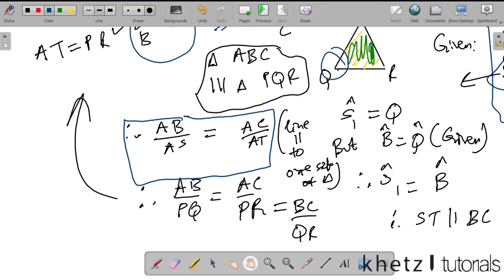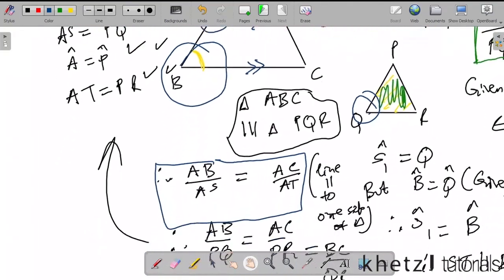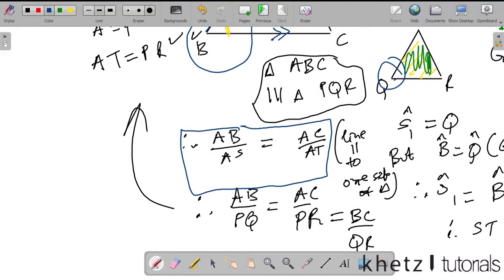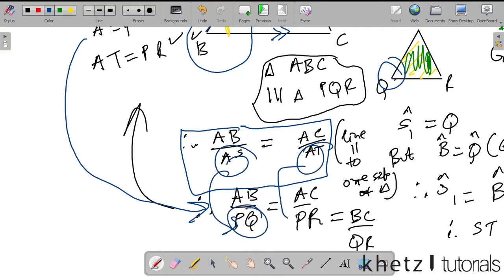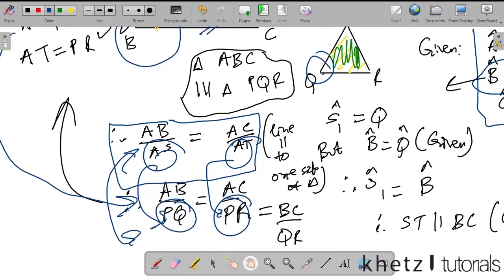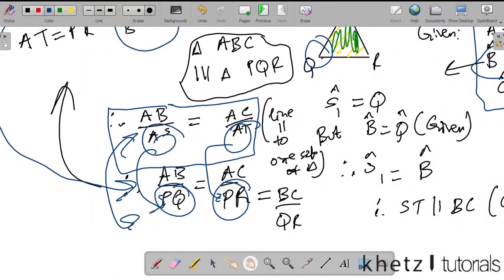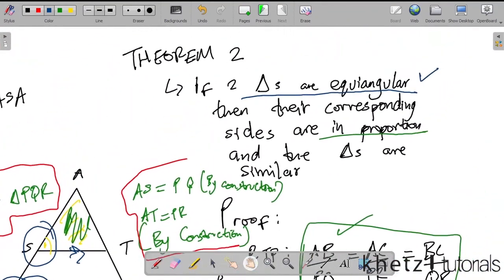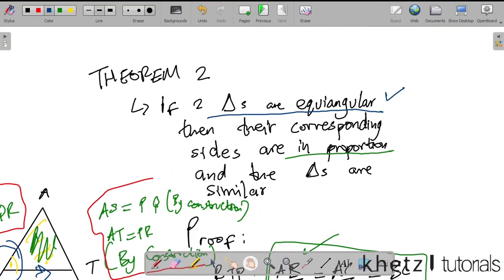Now that the sides are in proportion with respect to AS, we can relate that to our triangle in question, because AS and PQ are equal and AT and PR are equal because AST and PQR are congruent. So basically these two statements are the same. And this specifically is the statement which we had in our required to prove statement, and that is why we had to switch to it. And that is how you basically prove that if two triangles are equiangular, then their corresponding sides are in proportion and the angles are similar.